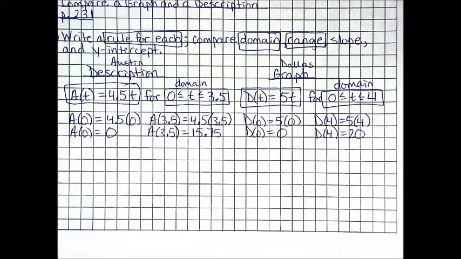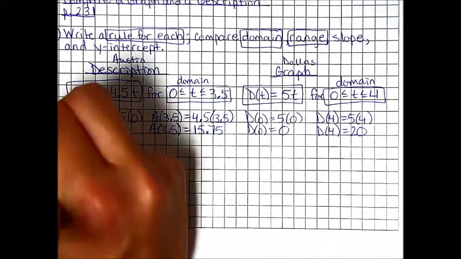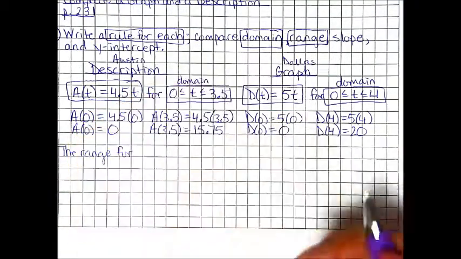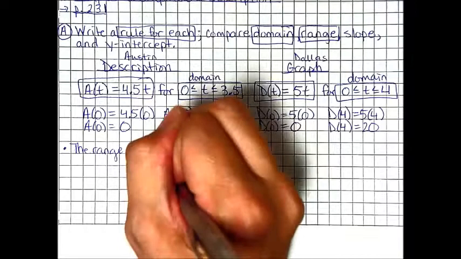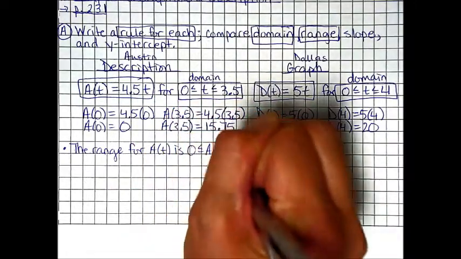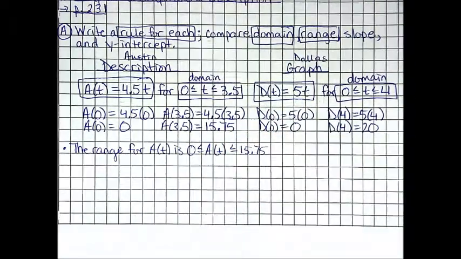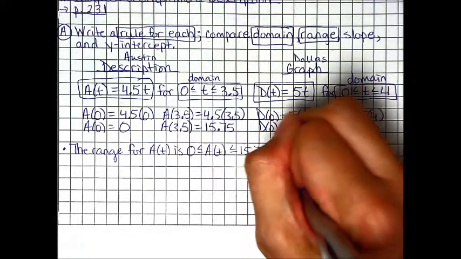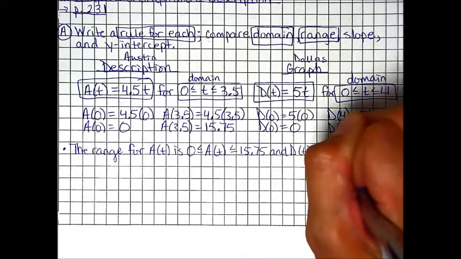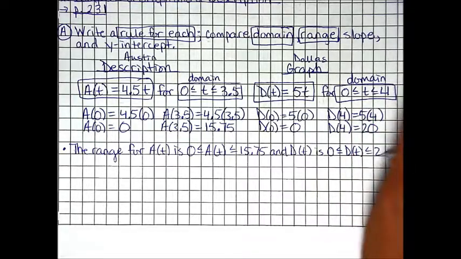Okay, so this is kind of what they want as a statement for range. They want you to write it out as the range for A of t is 0 to 15.75 and D of t is 0 to 20.